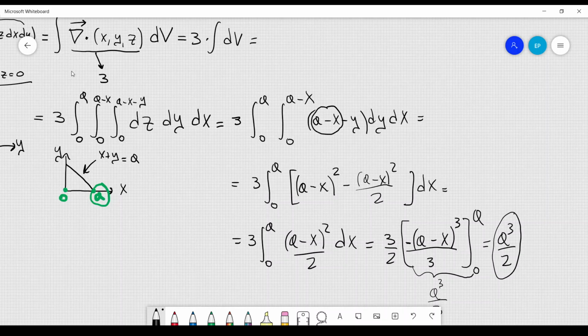But if you choose the normal pointing outwards, so that's a positive orientation, you will get plus the divergence of the field times the differential of the volume. So this is some kind of technicality. I don't want to get into these details. It's quite important actually. And you can see that we got the same result as last time.